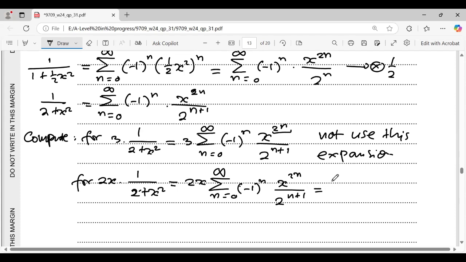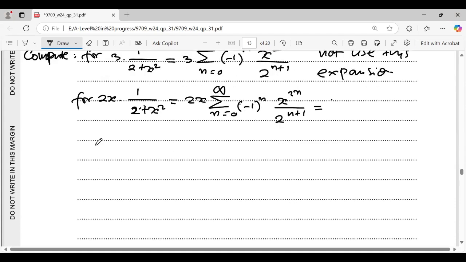So it becomes, I would like to continue on downwards here. It's going to be sigma n equals 0 to infinity, minus 1 to the power n times 2 over 2 to the power n plus 1, x to the power 2n plus 1.